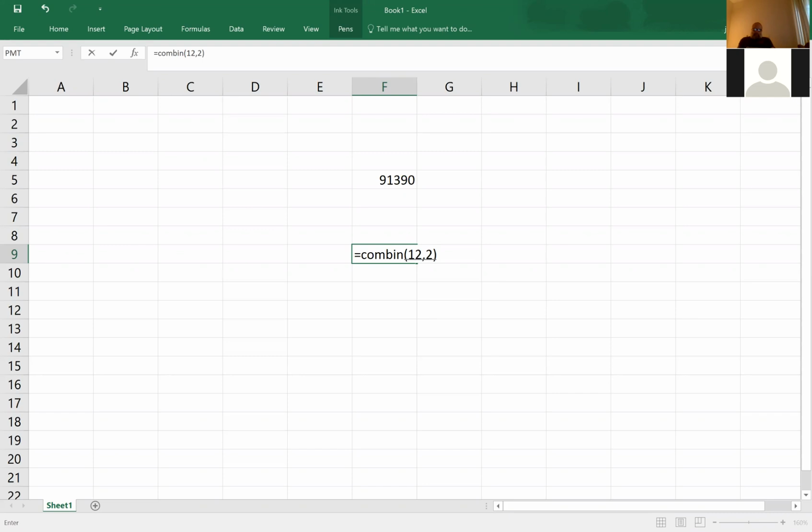Boom. 66. Nice. And so then it's equals 7 times 8 times 66. Oops, what is that? Why is there a T there? Oh, all right, let's just not get cute.